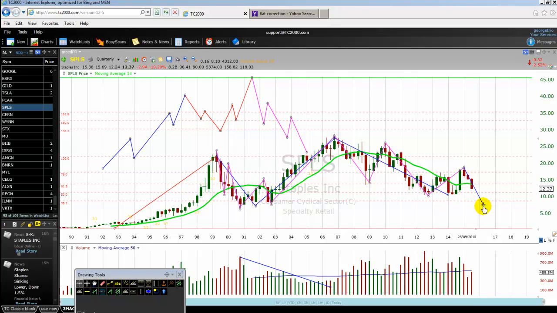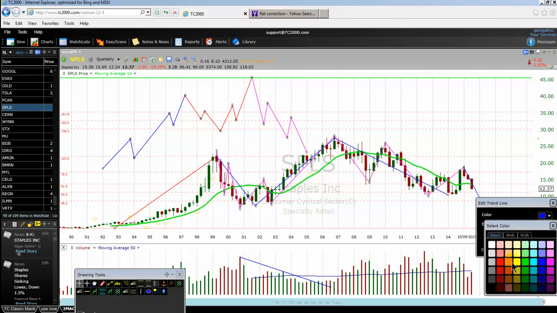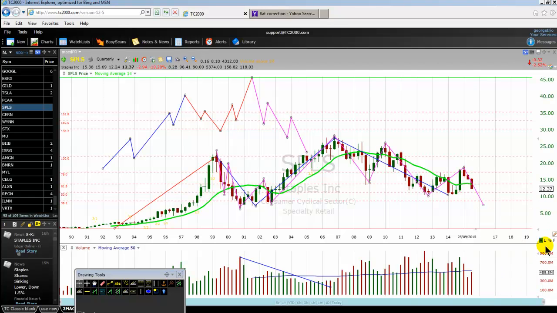So you see, by knowing the internal wave of a flat correction, one can even forecast what is likely to take place. Now, I did not say what is guaranteed to take place, what is likely to take place. So the reason why I use that word is that sometimes, okay, some of the smartest Elliott wave traders can be a little bit too confident and say, definitely it will come there.